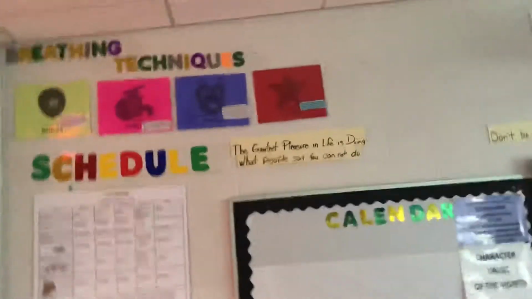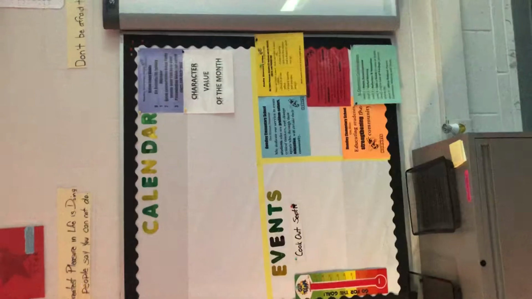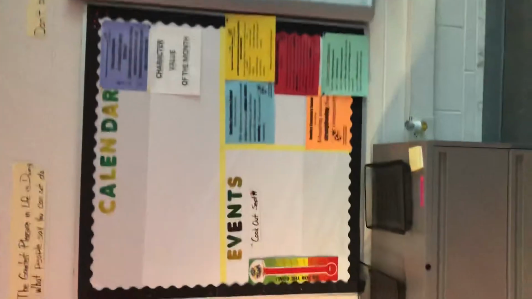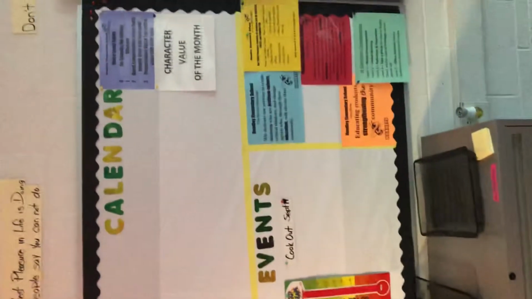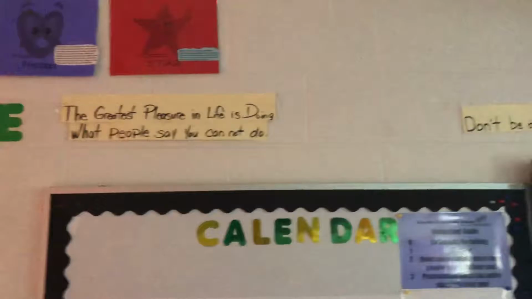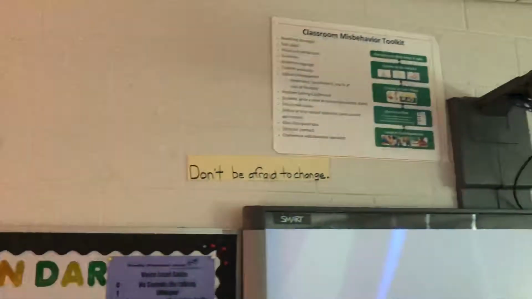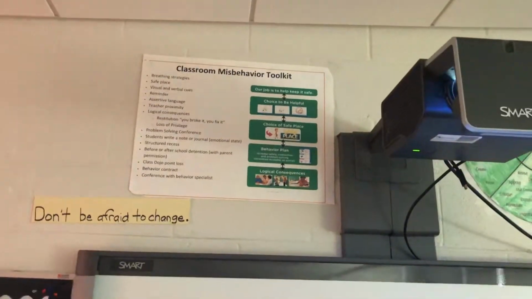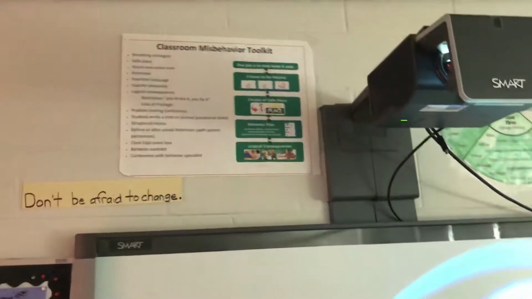You have a front board here, a calendar, events, behavior incentives. You have affirmations, positive quotes. You have conscious discipline tools.